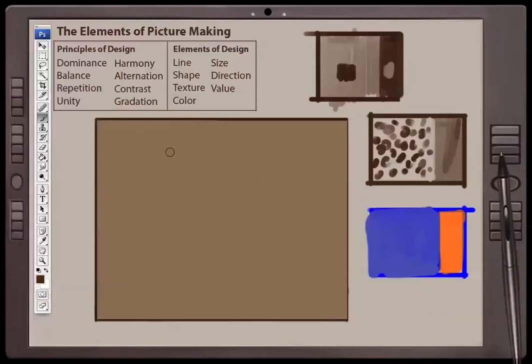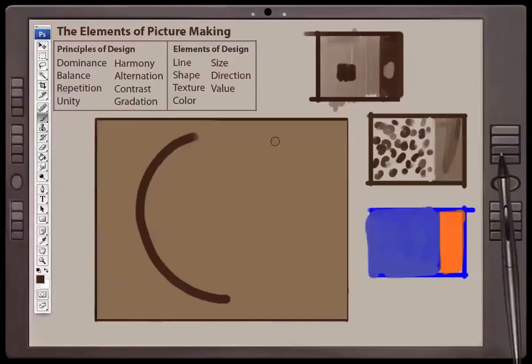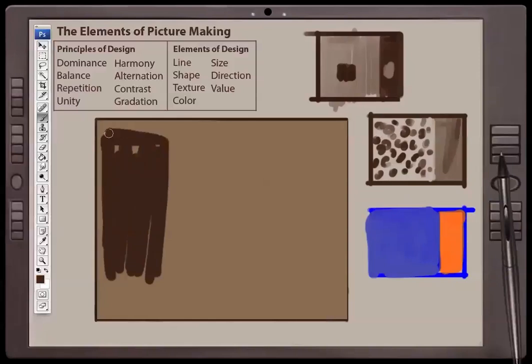Remember, if you add a vertical line, you need to add an opposing line, like a horizontal that opposes the vertical. If you have a curve, add a straight line which opposes the curve. If you have a dark, make sure you oppose that dark.